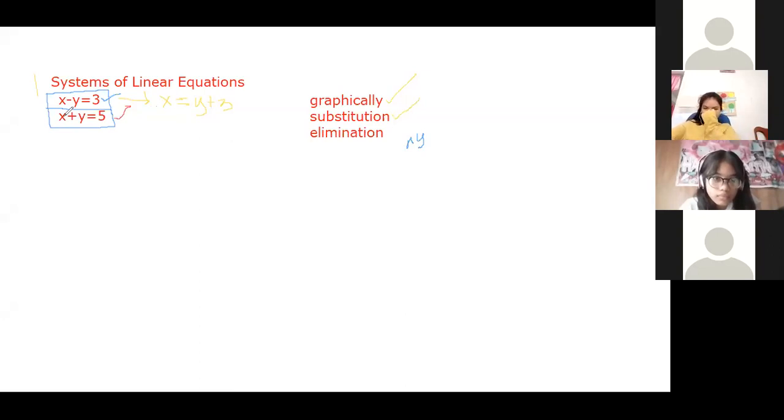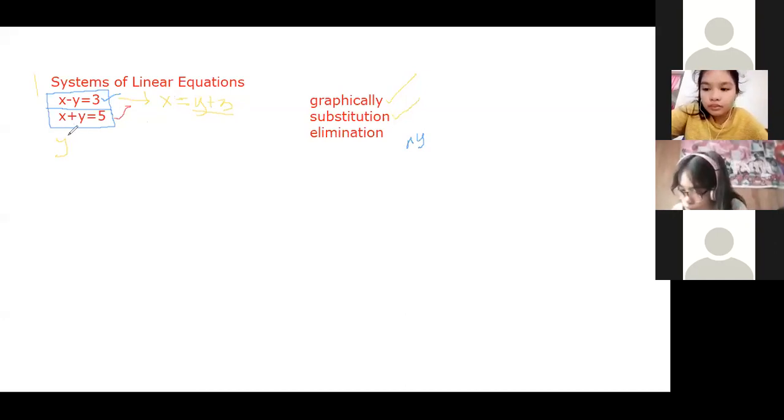All right? So instead of writing x plus y is equal to 5, what you will do now is exchange x with y plus 3. So kasi si x lang man din yan siya, di ba? So sulat ko dito, instead of x, sulat ko dito y.